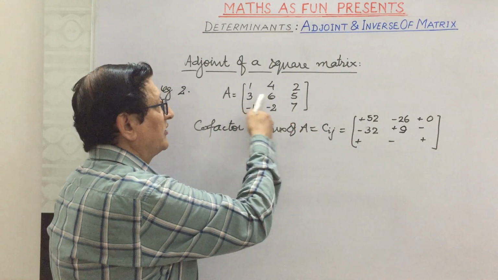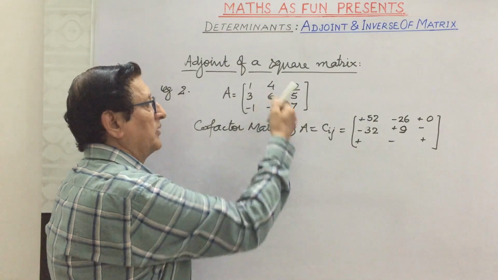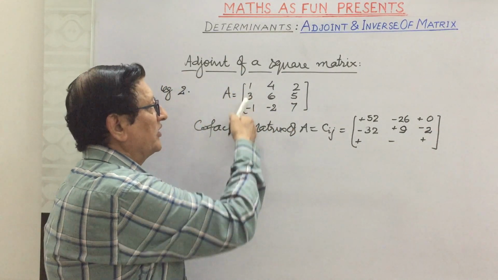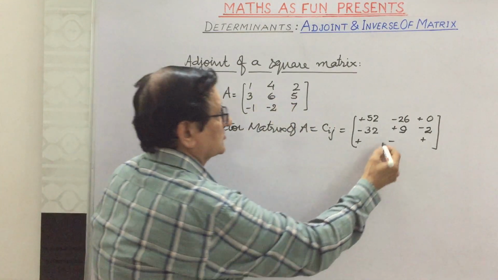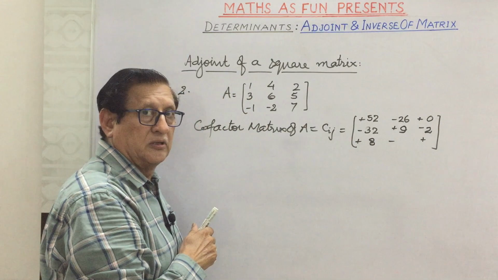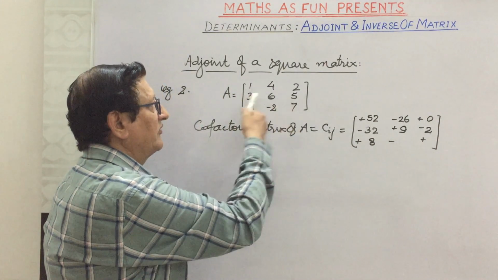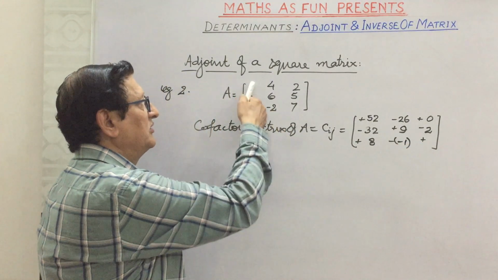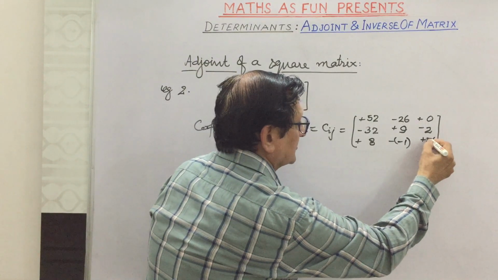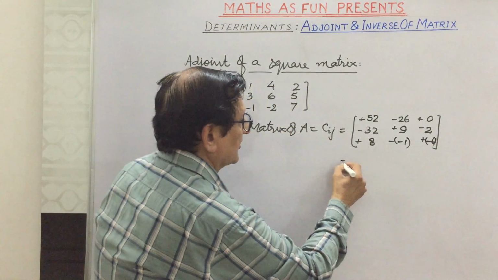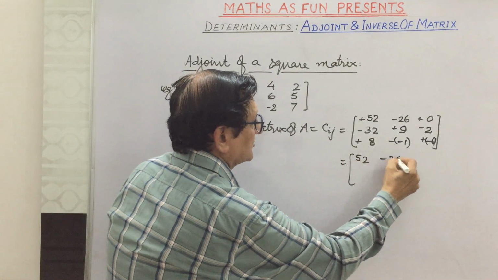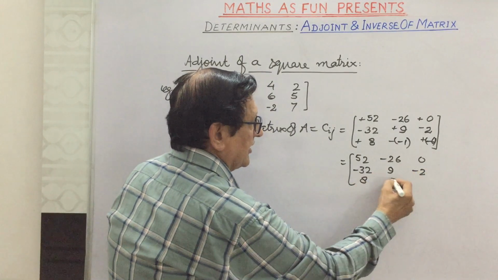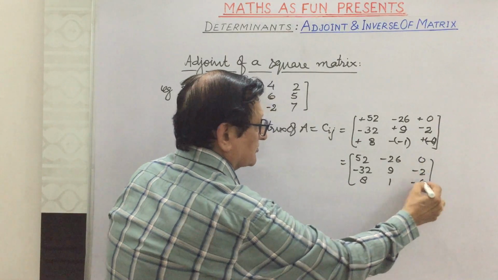Third element we have 5, this is minus 2 plus 4, that is 2. For the first element of the third row, we have 20 minus 12, that is 8. For the second element of this, we have 5 minus 6, this is minus 1. And for the third element, we have 6 minus 12, that is minus 6. By simplifying, we are getting here 52, minus 26, 0, minus 32, 9, minus 2, 8, plus 1 and minus 6.